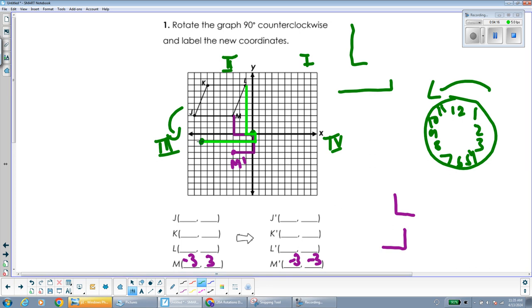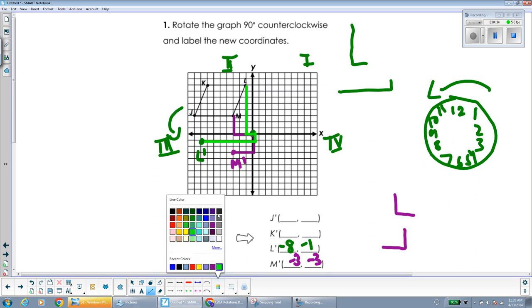And this is our point L prime. The original point L was -1, 8. And now the rotated point is -8, -1. Let's do point K next.